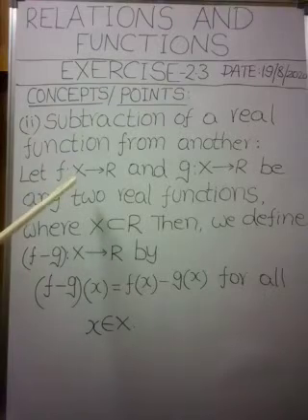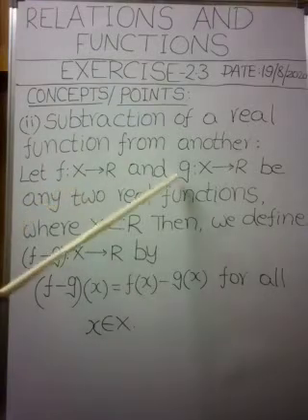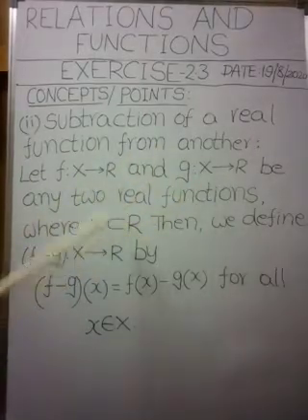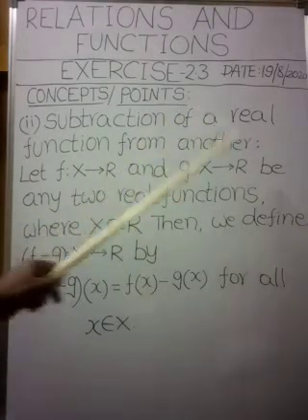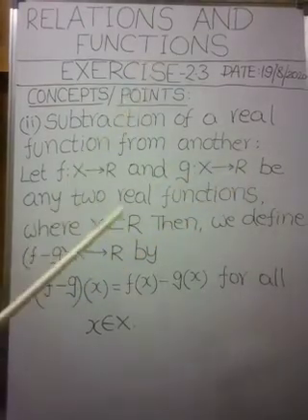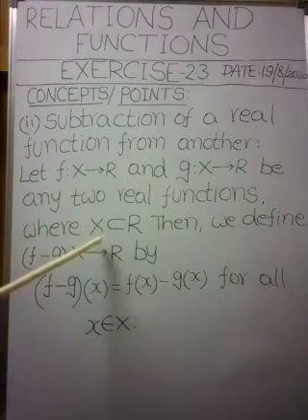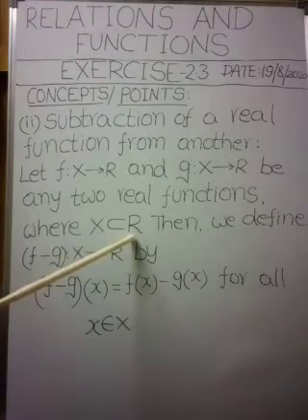If you observe, the domain of f and the domain of g are both the same, and the codomain is also the same, where X is a subset of real numbers.